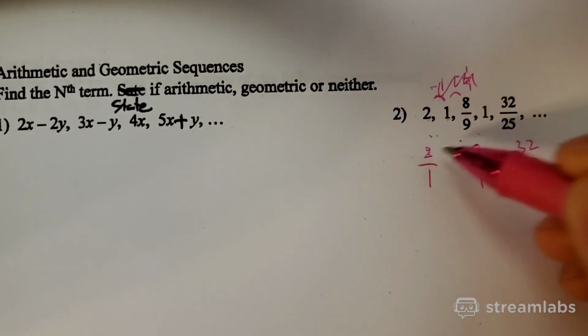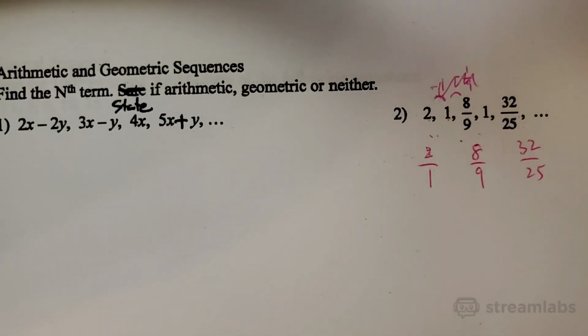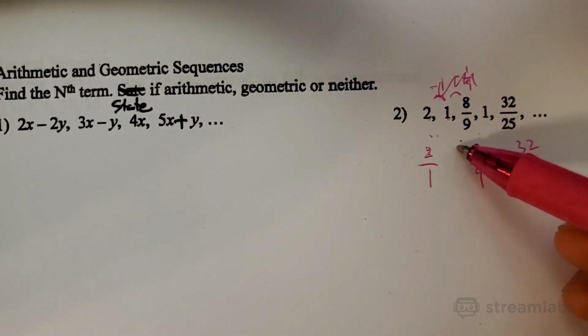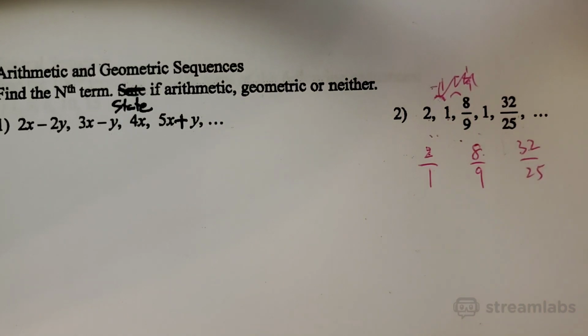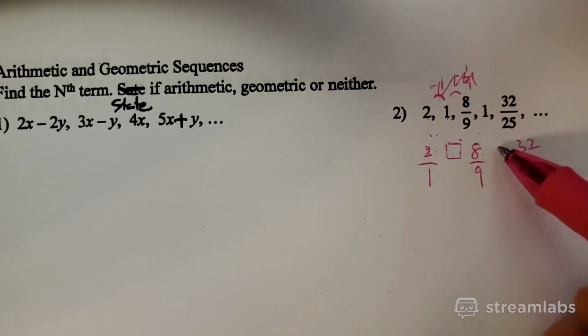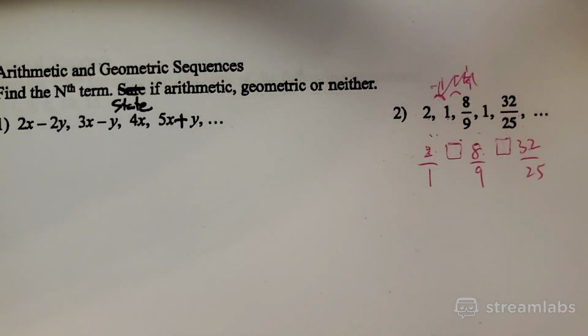If you look at 2, 8, 32, what would you think about? How would this go? 2, and then blank, 8, blank, 32. What pattern do you see? Times 4, right? But there's a blank in the middle. If I were to fill in these blanks, what would they be?